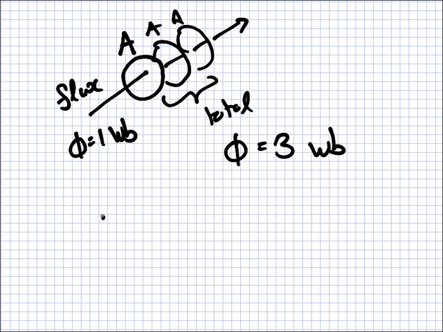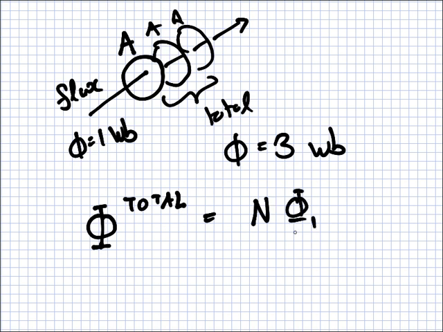So the total flux would equal how many you have, which is n, times the flux for one of them. But this is the same for all of them. And also we have the formula that B equals flux over area.